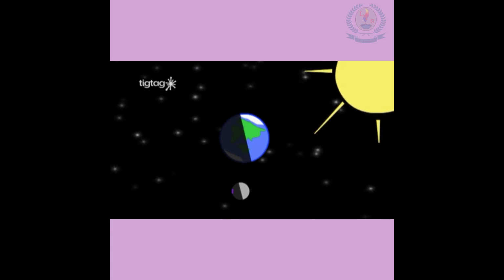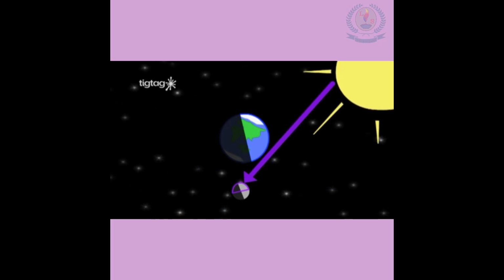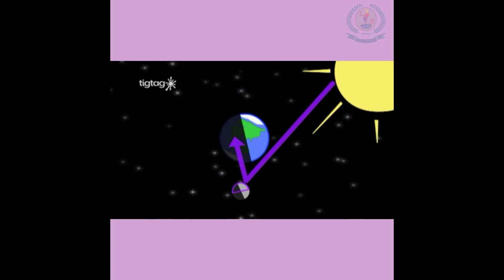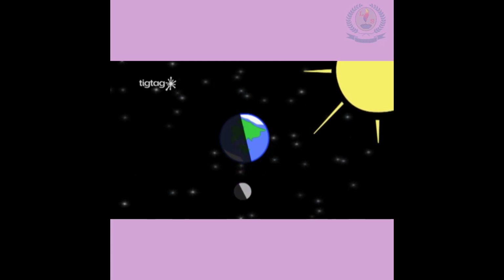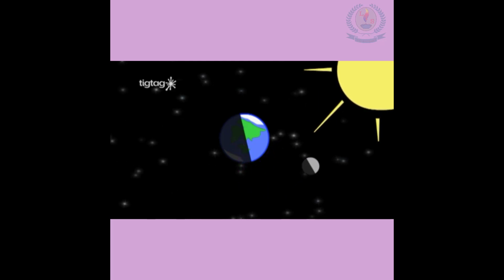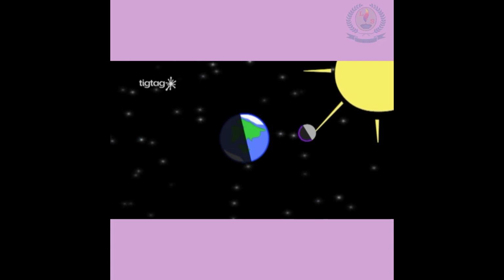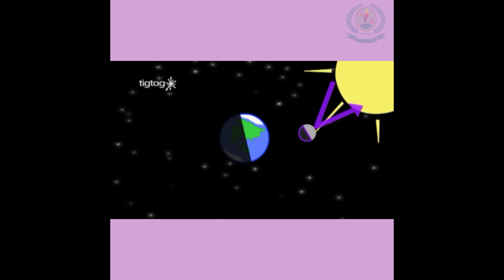When we see a last quarter moon, the moon is further on in its orbit, and we see less of its reflected light. When the moon moves between the sun and the Earth, we see no moon at all, as the side reflecting the sun is facing away from the Earth.